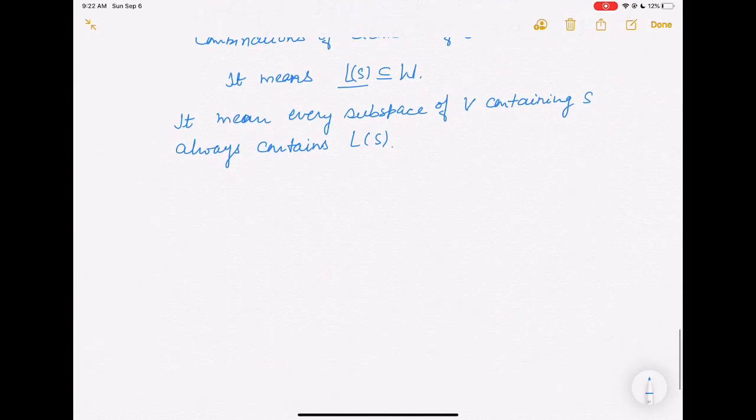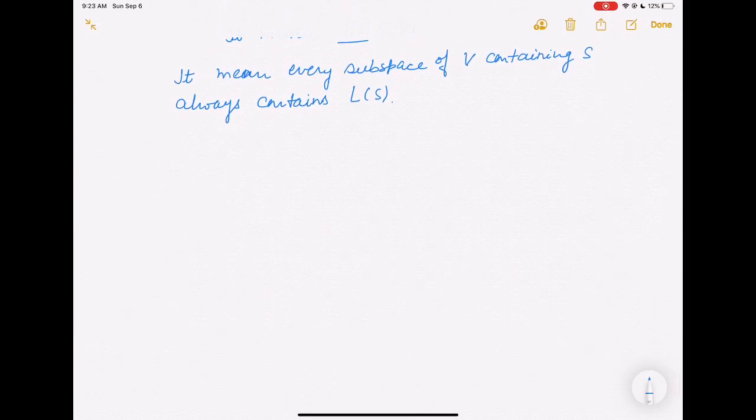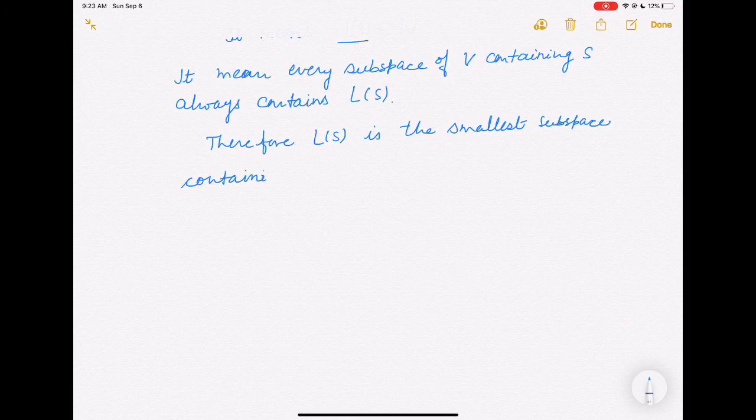Therefore, L(S) is the smallest subspace containing S. This proves L(S) is equal to [S].